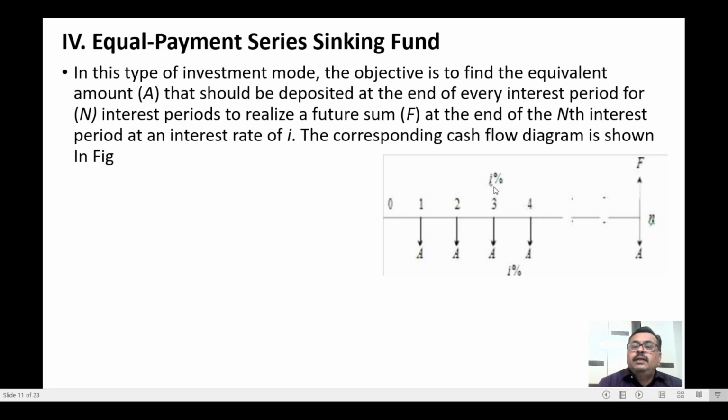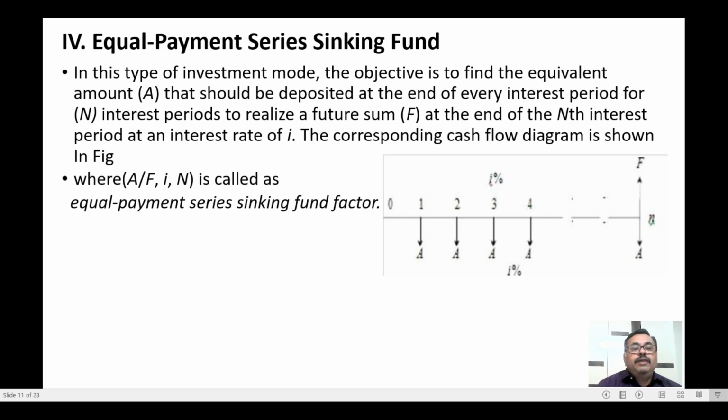A by F comma I comma N is the notation that we can use for the sinking fund method. That is, A has to be calculated by knowing the future sum, interest rate and the time period.